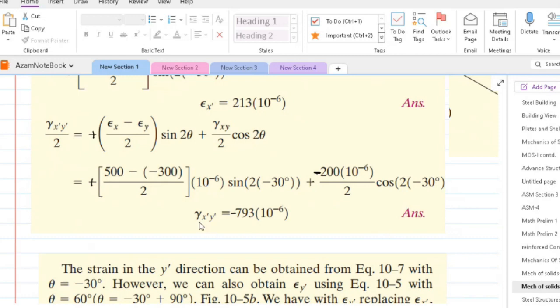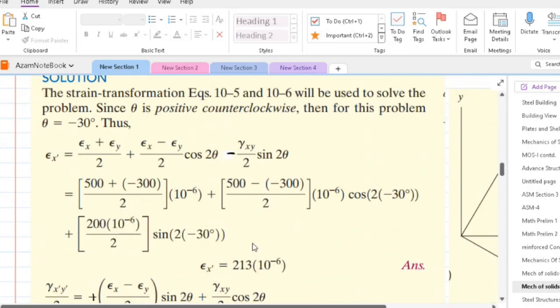And we get gamma x prime y prime equal to minus 793 into 10 raised to power minus 6. Negative strain indicates that this shear strain is produced by a shear which is acting counterclockwise.